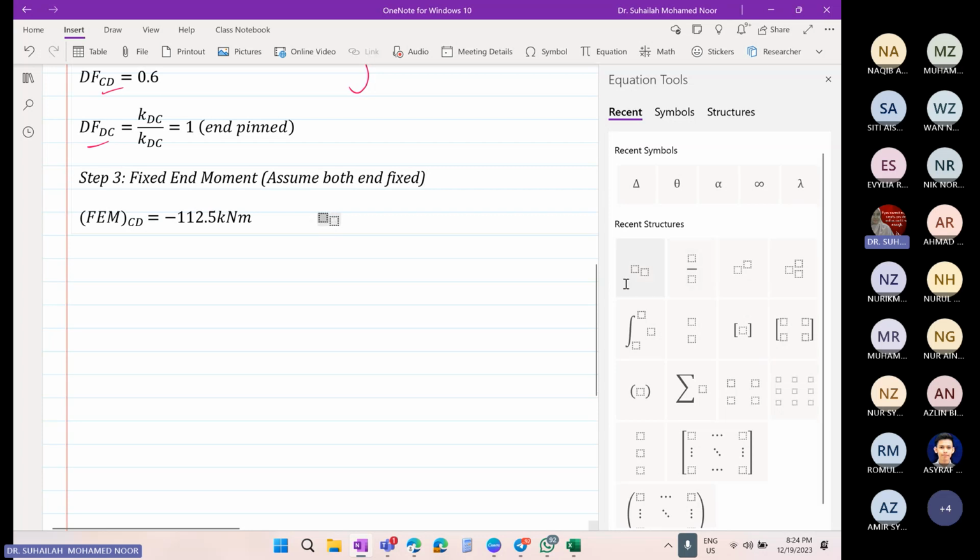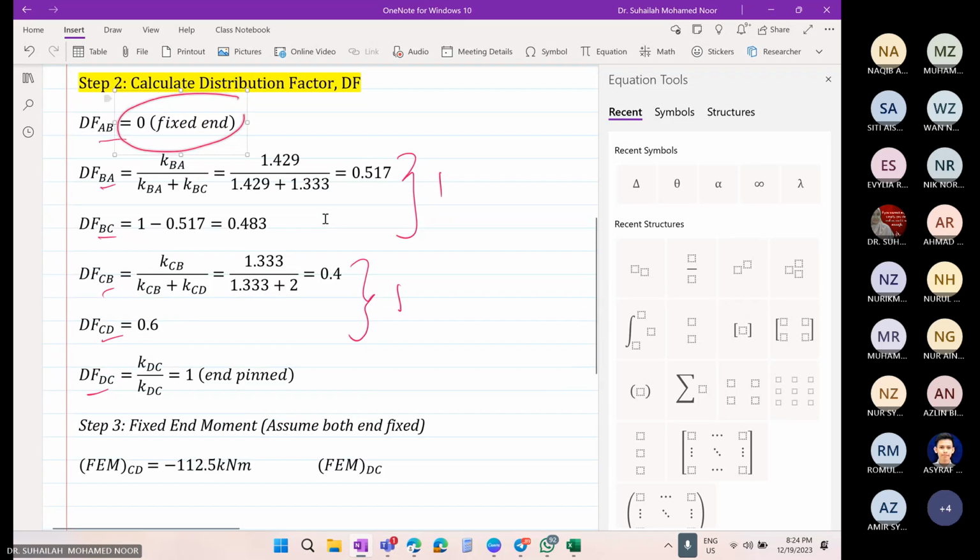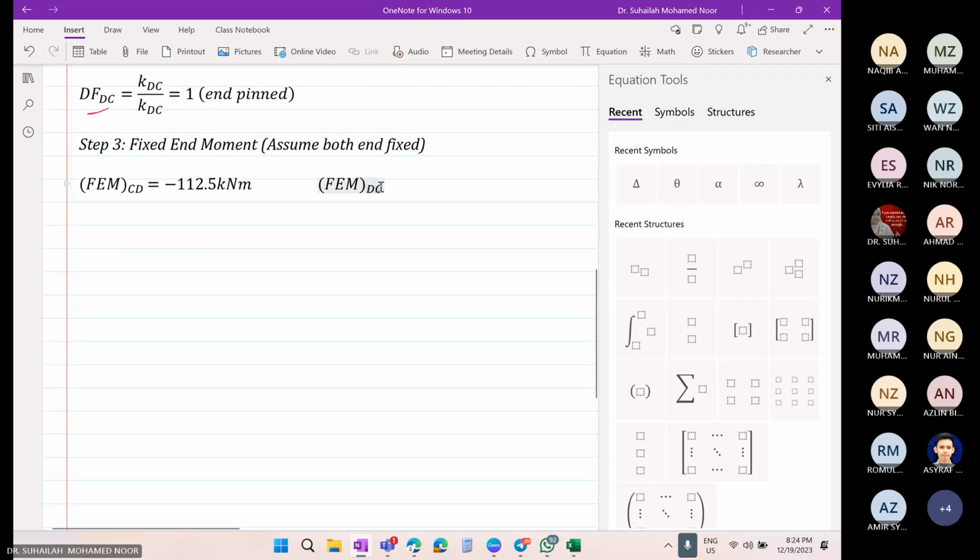So we have the fixed end moment FEM DC. This is DC. So this is positive. One negative, one positive, 112.5 kilonewton meter.